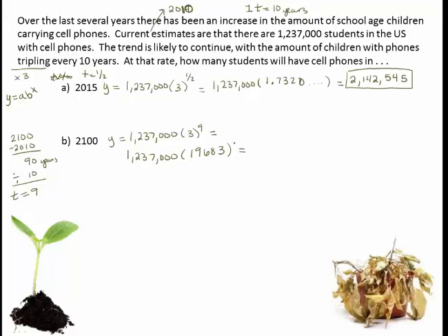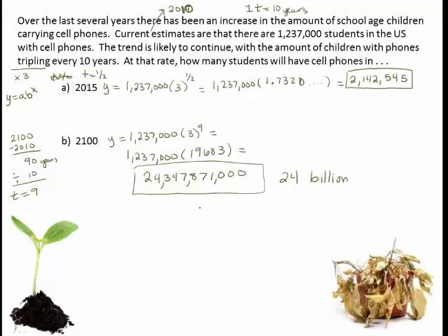I'll multiply that by 1,237,000. And according to this, in the year 2100, it's actually 2.4 times 10 to the 10th. So I'm going to actually write this out. So I have 1, 2, 3, 4, 5, 6, 7, 8, 9, 10. According to this growth figure, 24 billion kids will have cell phones in the year 2100.